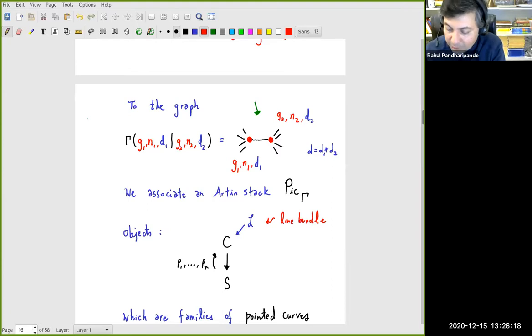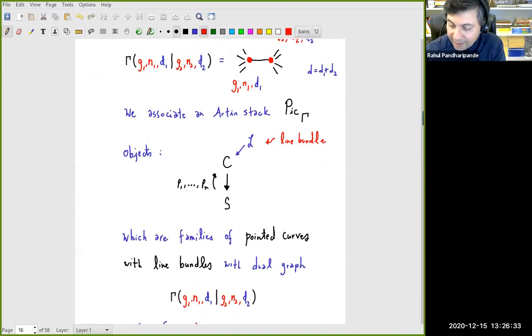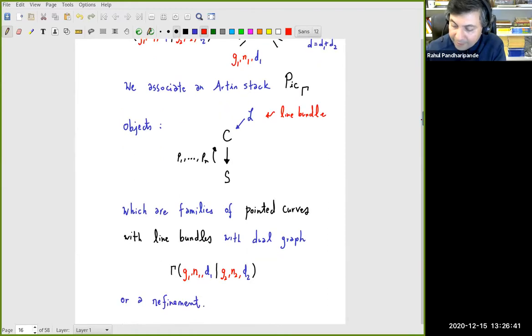And anyway, to this graph, we can associate its own Artin stack, which is the Picard stack associated to this graph. And the objects of this Picard stack are families of pointed curves with line bundles with dual graph given by this or a refinement.